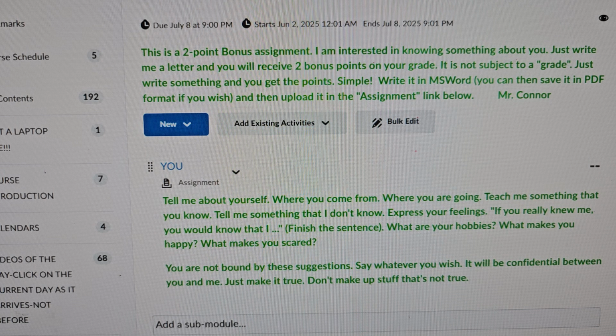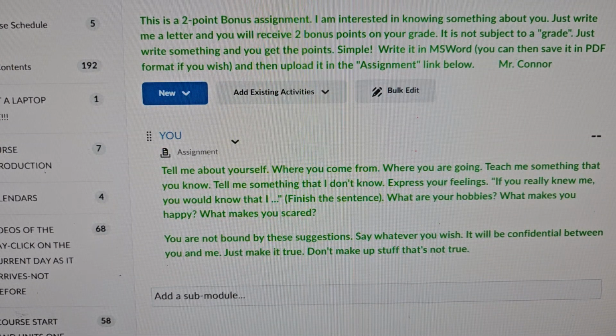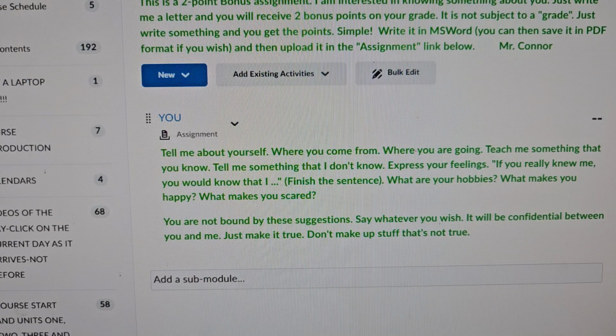Tell me what makes you happy, what makes you sad, what makes you afraid, what are your goals in life, just whatever you want. You can tell me anything you want to. It's confidential. Nobody's going to know about it except you and me. And you get 2 bonus points, just for doing that. Okay? So that's a good opportunity.